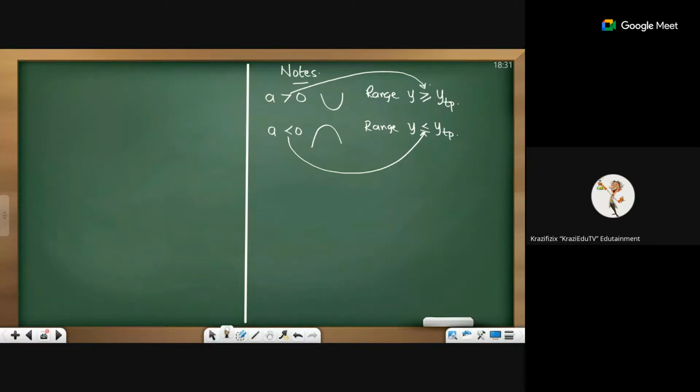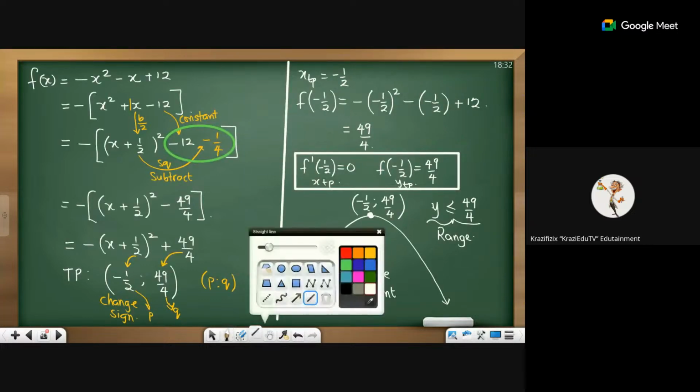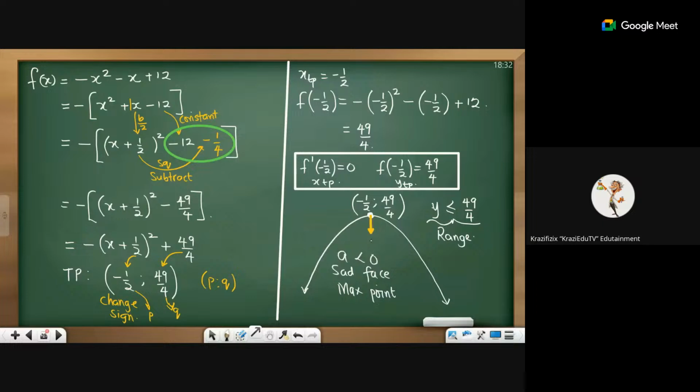Moses, your hand is raised. Every time they ask us about the range, do you take the y values where the graph turns? Absolutely, that's exactly what we are saying. Everything below here represents your y values.